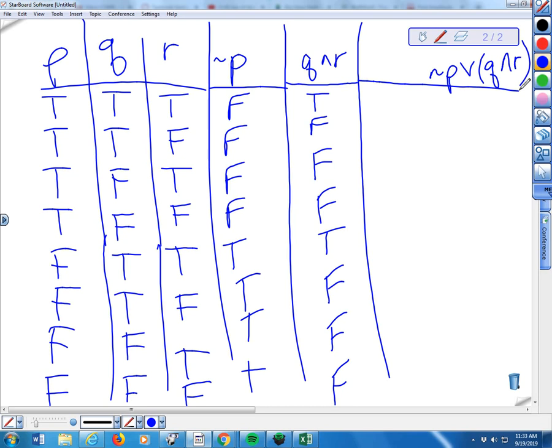So I'm looking just at these 2 columns, because that's not P, and there's Q and R. And I'm looking for when they're both false. And that's it. Every other time now, it's true. Why? Because if it's an OR statement, either one is true, the whole statement's true, because it's OR.